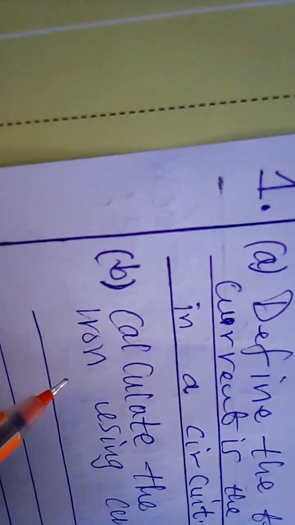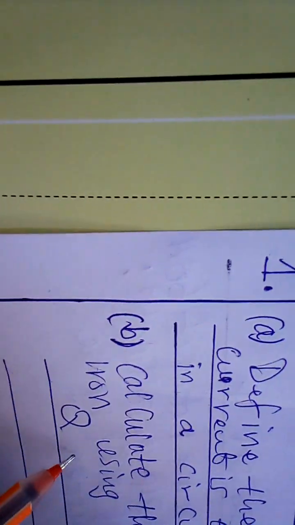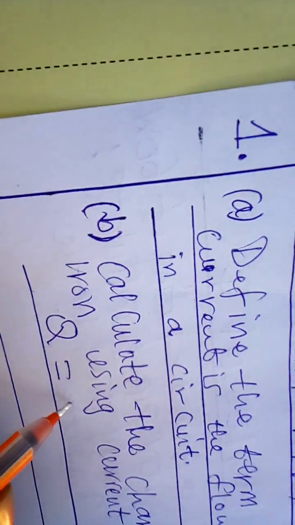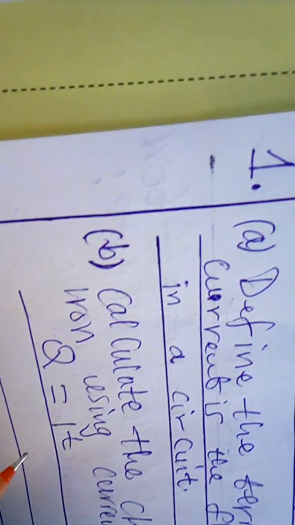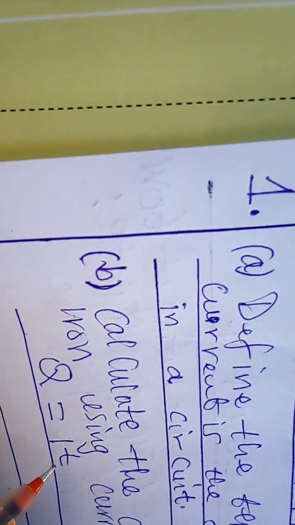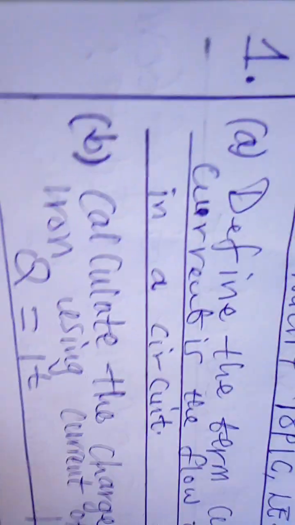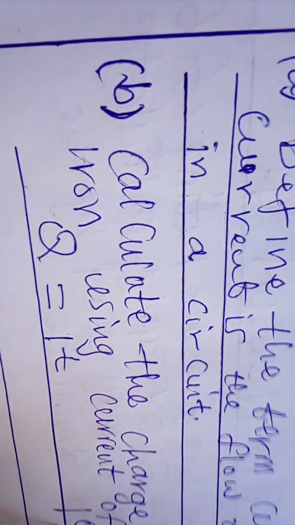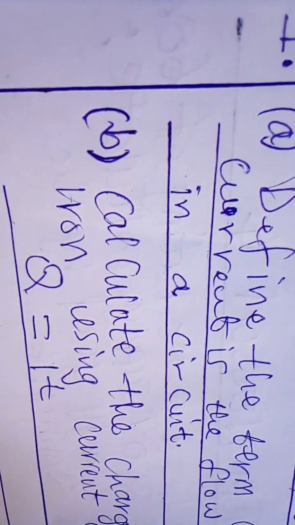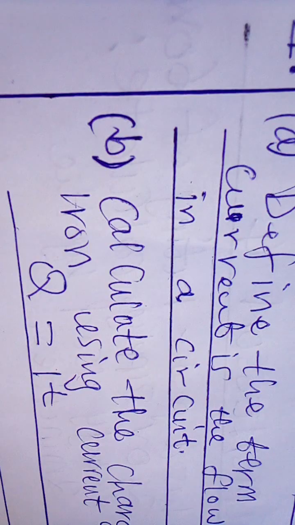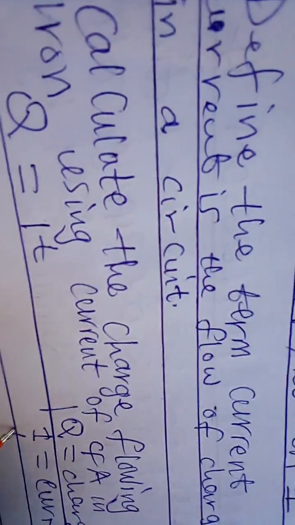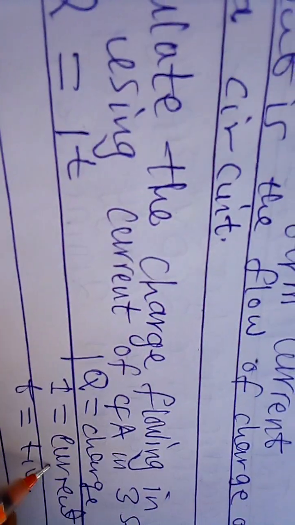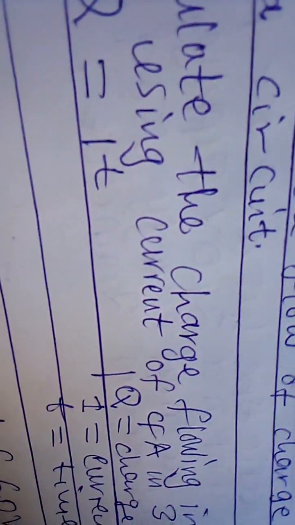The formula for calculating the charge is Q equals I times t. So Q stands for charge, I stands for current, and t stands for time.